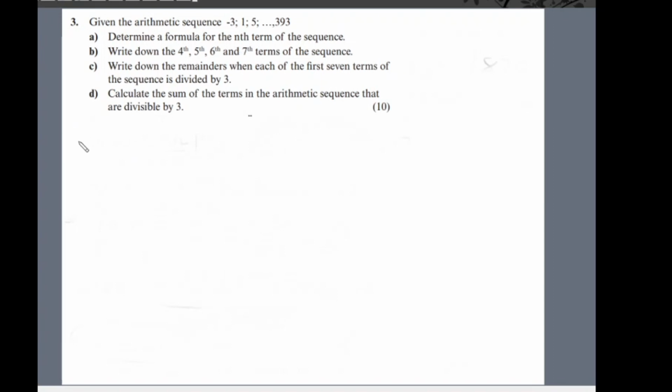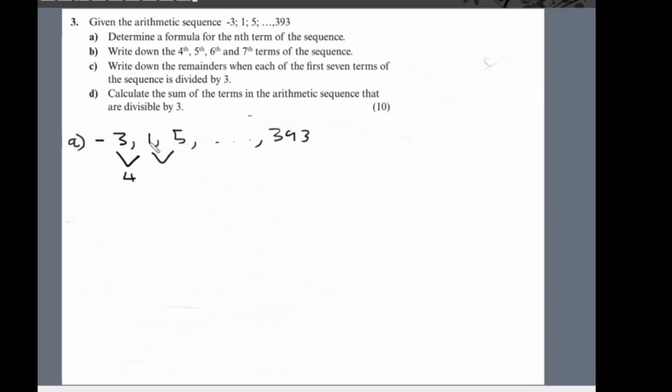So first find the common difference. In the sequence minus 3, 1, 5, up to 393, when you move from minus 3 to 1, you added 4.